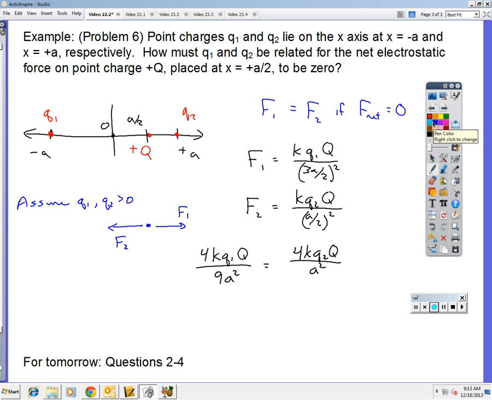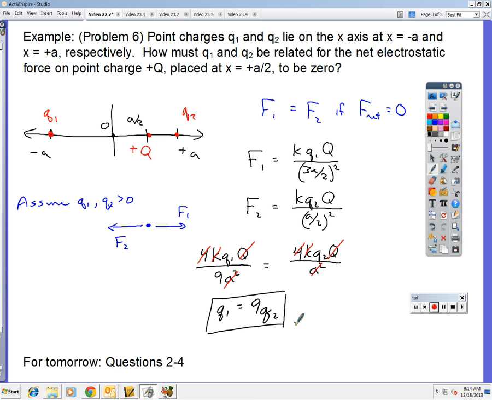Now I can divide both sides by big Q, which is interesting because it means that any charge that we put at that location will experience no force. K is a constant, 4 goes away, so does the a squared, and you end up with q1 equals 9 times q2, which tells us a couple of things.